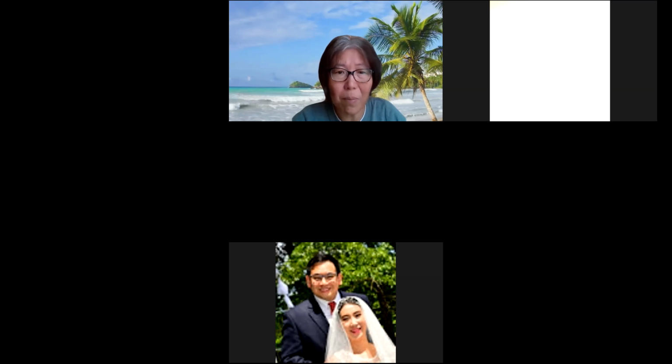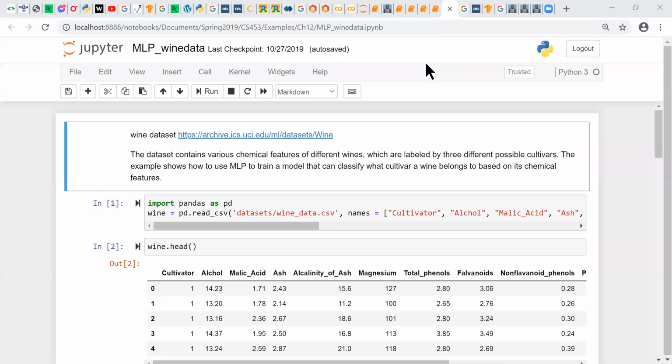Okay, about neural network training. Here we use the wine data set, which you can also get from the classic machine learning data repository. Here we will show how to use MLP.